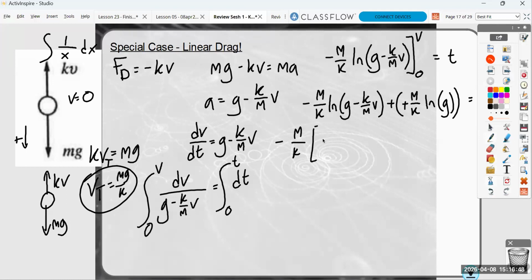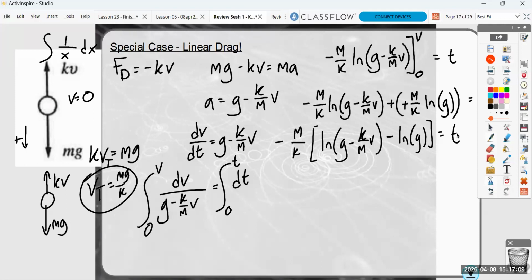There's a reason, by the way, that I usually like to do it the other way. But we made a plan and we're going to commit to it. Minus ln of g equals t. If I have a difference of two ln's, what does that do? It's the ln of the ratio, right?